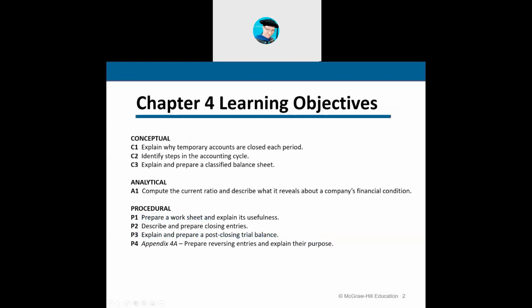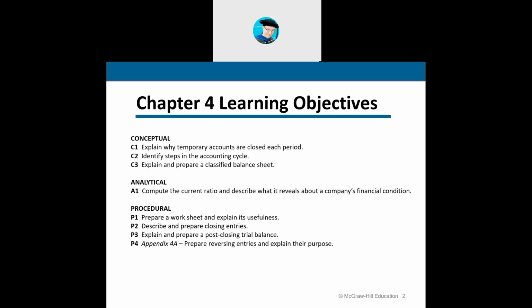So keeping in mind everything we talked about with respect to identifying journal transactions, analyzing them, making your journal entries, posting your journal entries, and then we went through the adjusting process and the adjusted trial balance and the formation of your accounting statements.